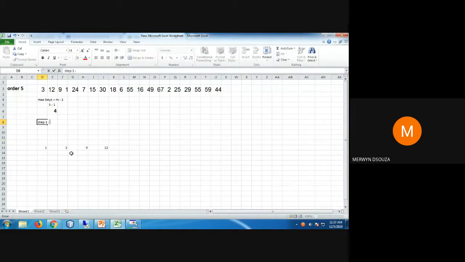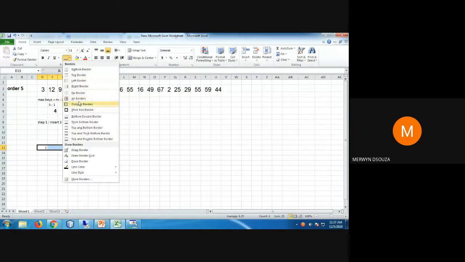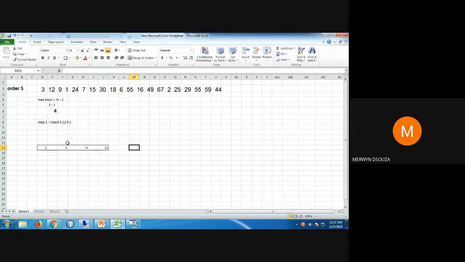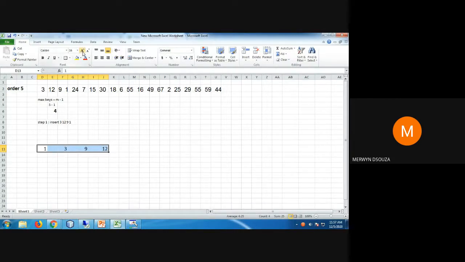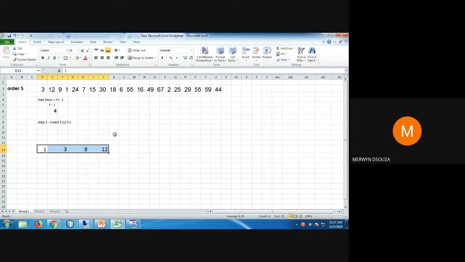You can write insert 3, 12, 9, 1. Okay. And this will be that insertion. So you can just put it inside a node. Okay, you can put it inside an oval shape. Right now it becomes easier for me to put a rectangle, but it's better that you put it in an oval shape. Okay. So this is what would have been your step 1.